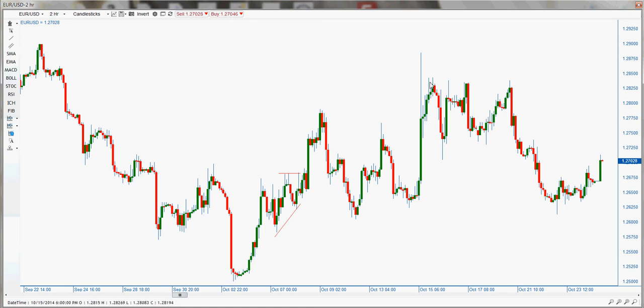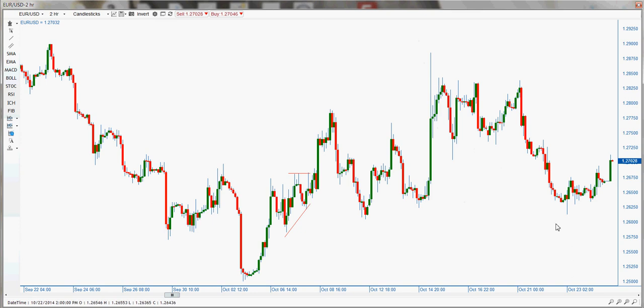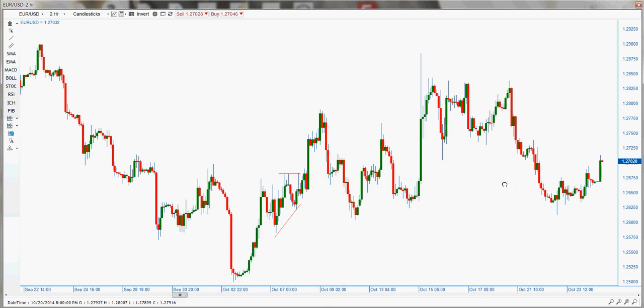Okay, so the next step is, do we have an impulse wave from this top to this low? Do we have something that resembles an impulse wave, a 5-wave move? And for those of you who are not familiar with Elliott wave, an impulse wave looks like this. This is an impulse wave when the trend is down, where we have 1, 2, 3, 4, 5.